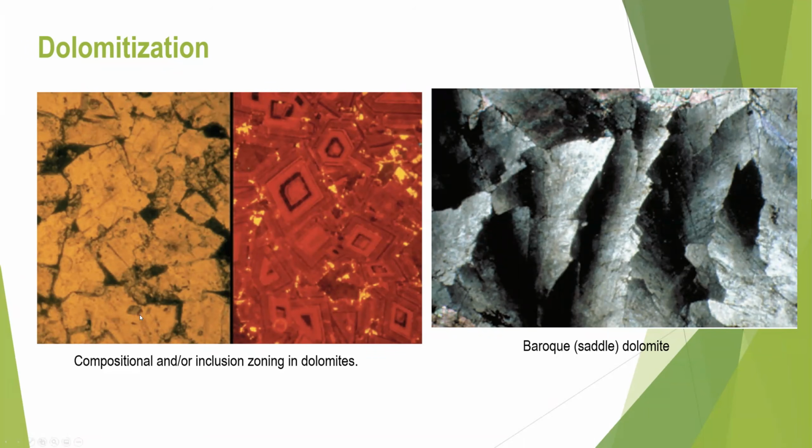Also in this image, you can see the dolomite studied under CL, and you can see the zonation of dolomite. It's actually a very good way to recognize the dolomite crystals.